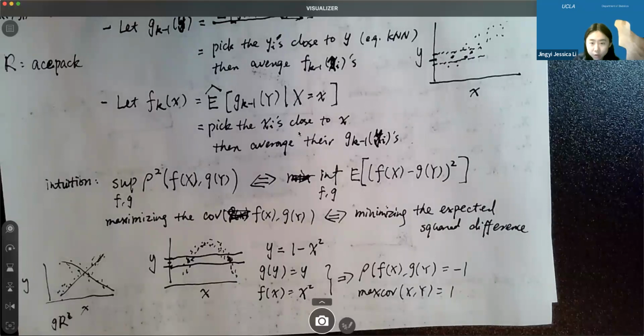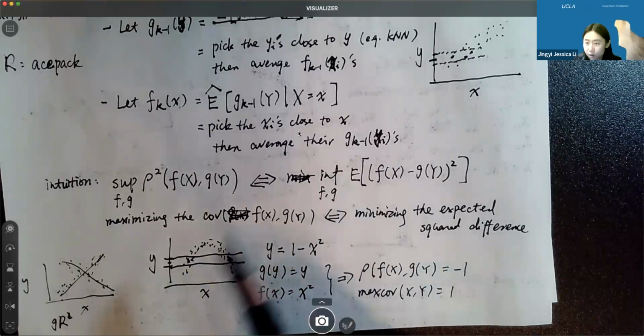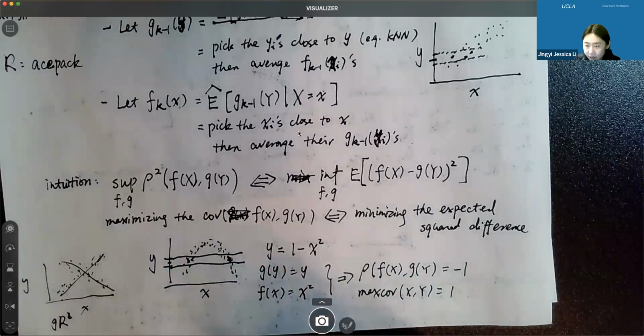We are just retrieving the correlation. Exactly, we're not fitting a function. So this is not a prediction problem. We are not doing prediction, like how to predict y from x. We're just learning the relationship. But I have to admit that these two problems may be correlated.